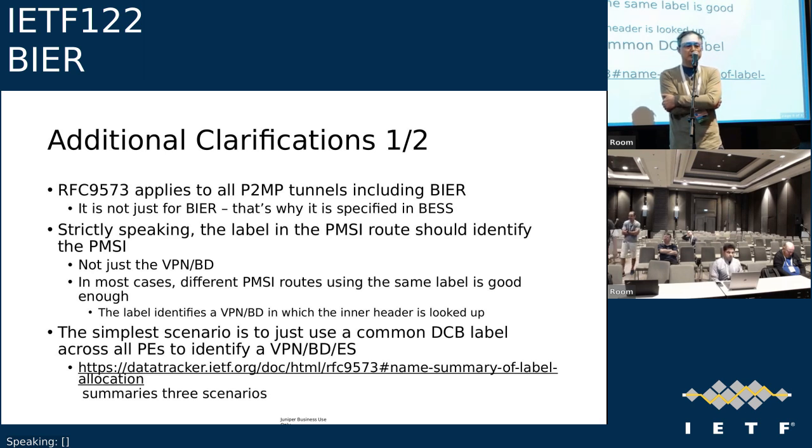Indeed. The real key is where your label is going to be installed and where your label is going to be looked up. But at this time, the only terms related to that concept are upstream assigned and downstream assigned. In the BIER encapsulation RFC, we only say that if it's downstream assigned, you set the protocol field to 1.